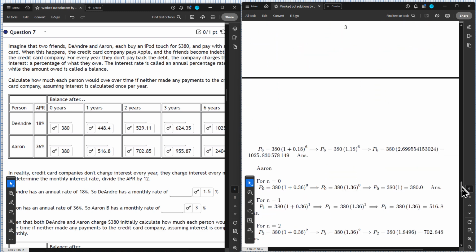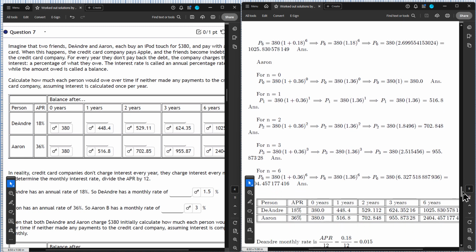Then they repeat the same thing for Aaron, and I have it right here in a table for you to look at.